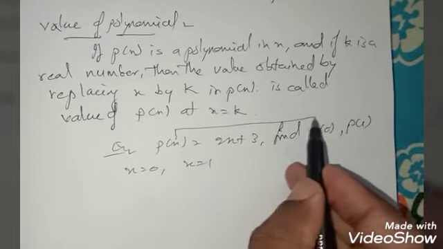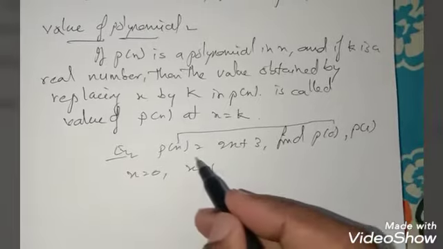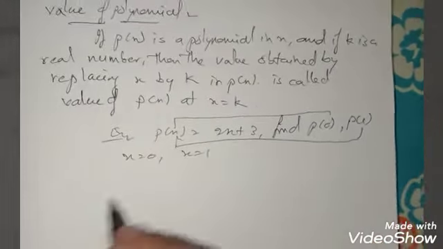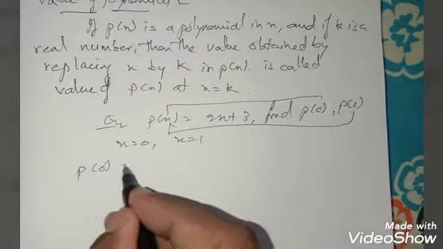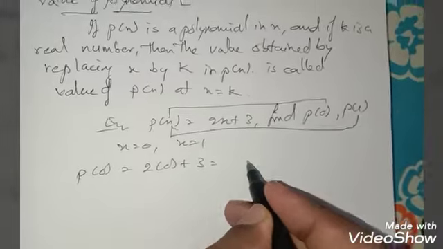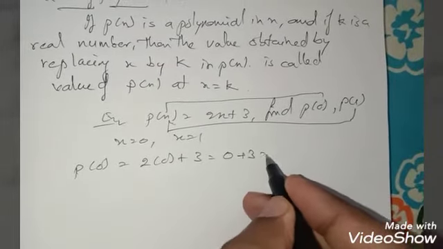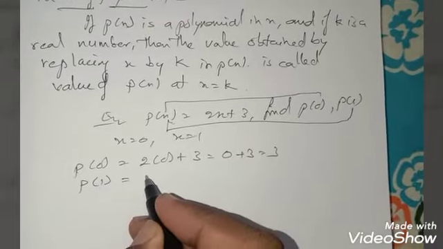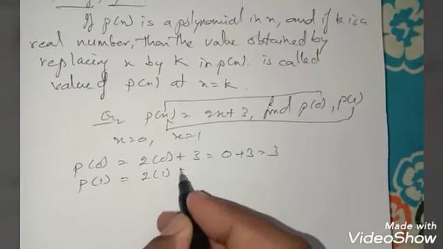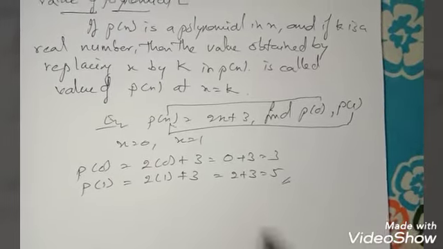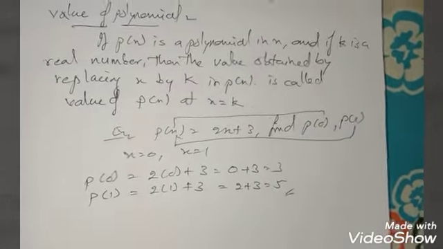If I substitute 0 in the place of x, that is 2 of 0 plus 3, 2 zeros are 0 plus 3, so the answer is 3. Now if I substitute 1 in the place of x, you will get 2 into 1 is 2, 2 plus 3 is 5. So like this we are finding the value of a polynomial.